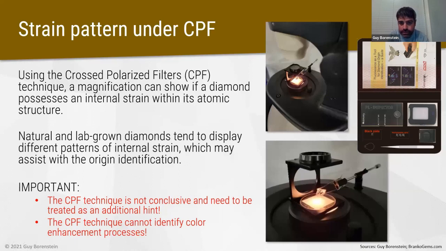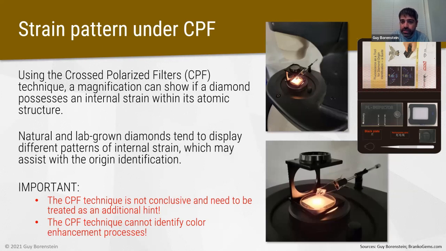Another technique that can help you to identify lab-grown diamonds is a strain pattern. When we are looking into diamonds through magnification, whether it's a loupe or a microscope, usually the diamonds look crystal clear to us, of course, except for the inclusions inside. But it doesn't mean that, atomically speaking, the diamond is uniformly distributed.